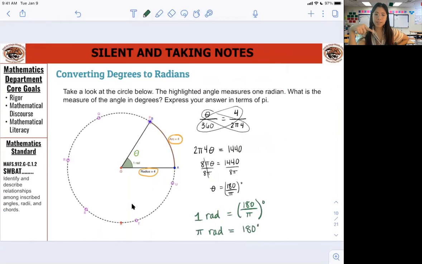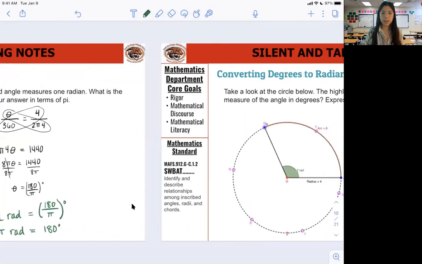Pi radians is 180 degrees. What's the number that seems to be popping up a lot? Pi and 180. And those two numbers are the magic numbers because there's a way to convert back and forth really, really easily.